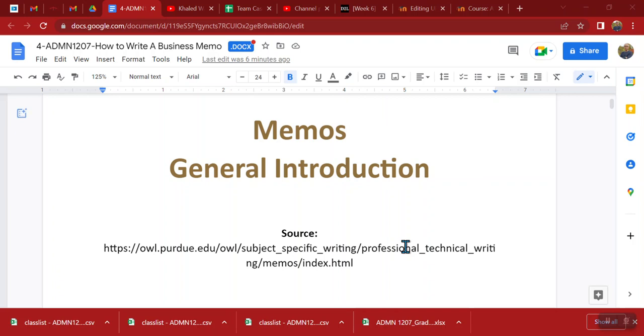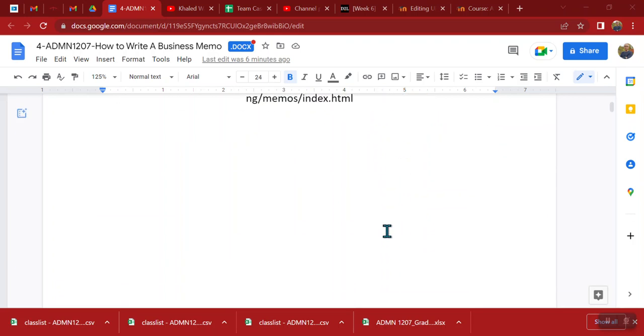In the past it was paperwork, a hard copy that the responsible department would write and put on a bulletin board, or distribute. But nowadays we are in an electronic world, so usually it's sent as email as well, but it takes the form of a memo, and we want to discuss the form of a memo today.